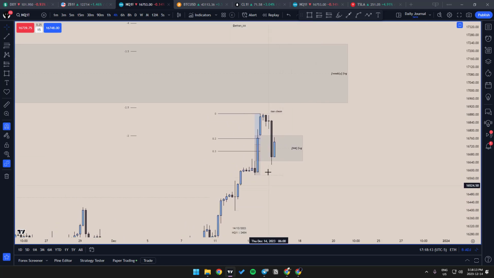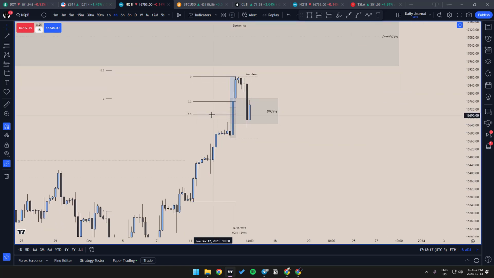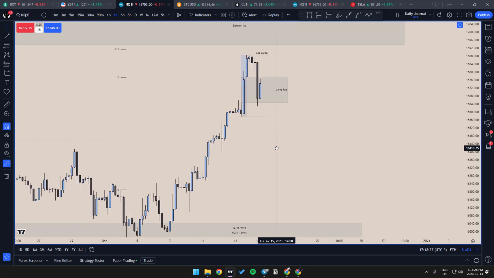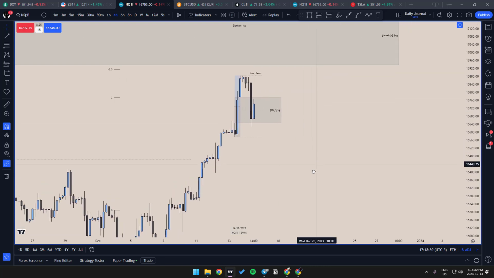I would expect an expansion higher tomorrow, end of week. Exactly. So I use projection to see how far past external range liquidity we are likely to go, and then understanding that, you can trade with the higher time frame bias, right?